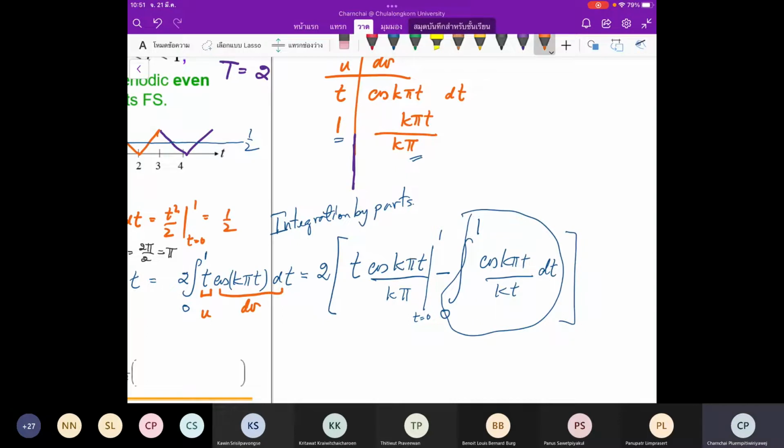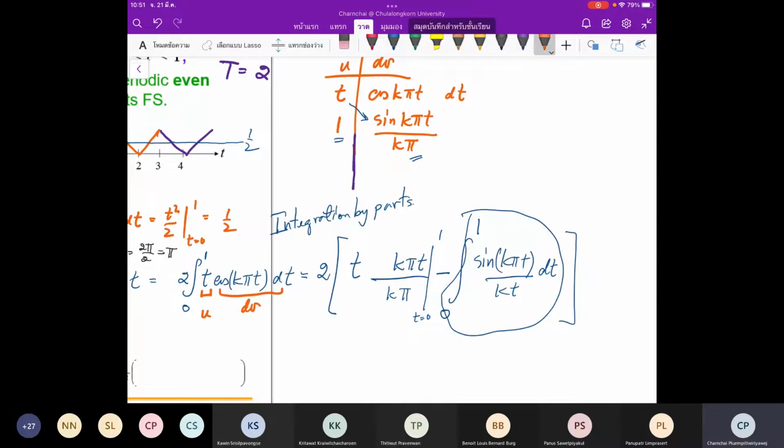I'm sorry, I did it wrong. So this one must be a sine. I think the t cosine k pi t should be sine as well, right? Oh yes, thank you.